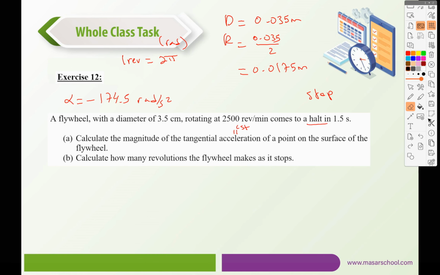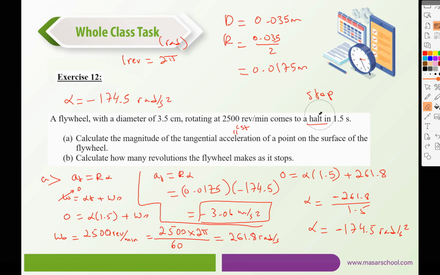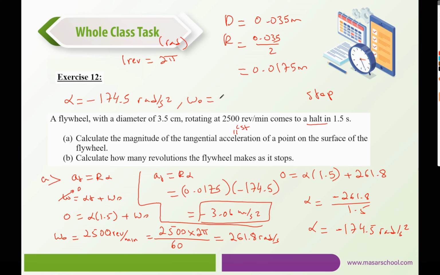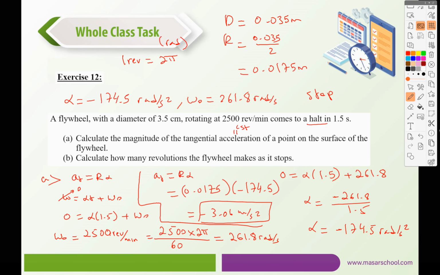Now in part B, let me also again write that the initial angular speed is given by 261.8 radians per second.